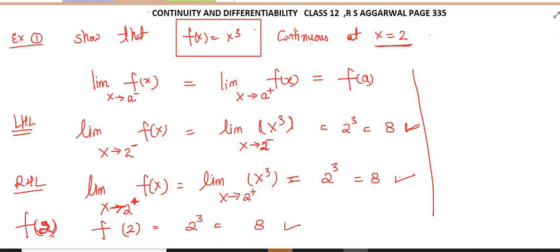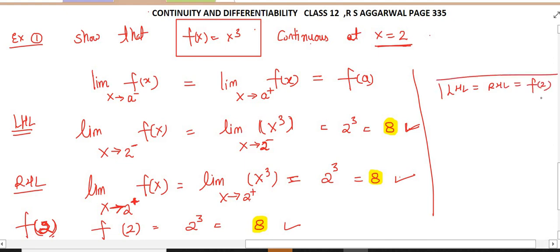So we can see clearly here we got 8 for LHL, RHL and function value. So we can declare, since LHL = RHL = function value, that it is continuous at x = 2.